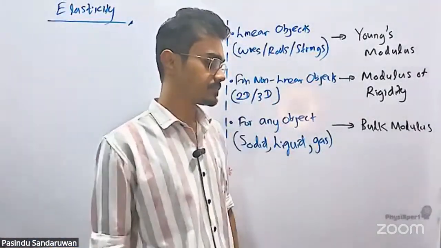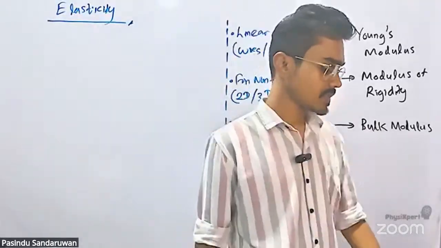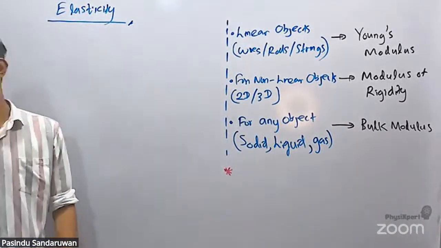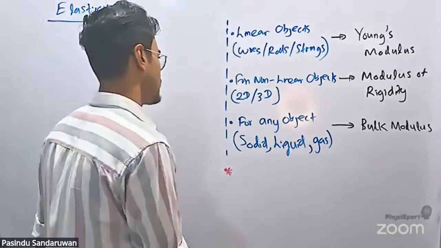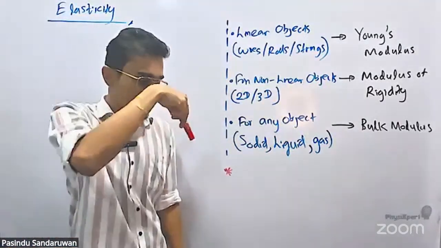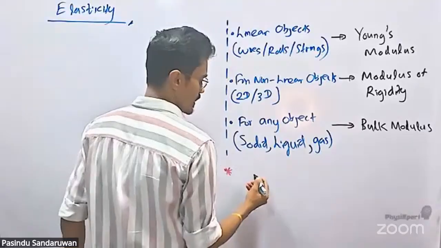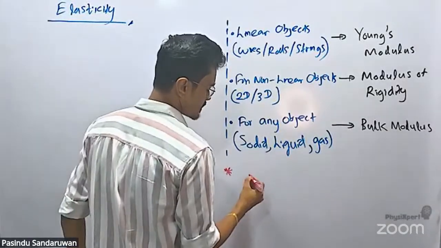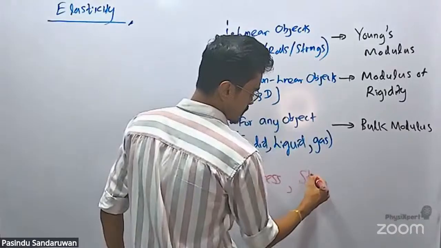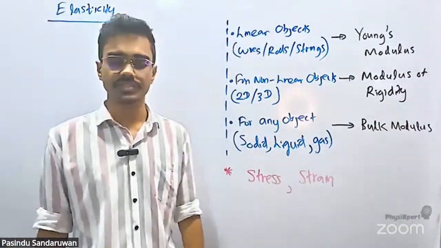Any moduli is written as the ratio between stress and strain.